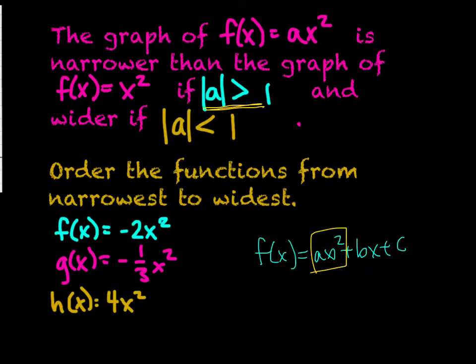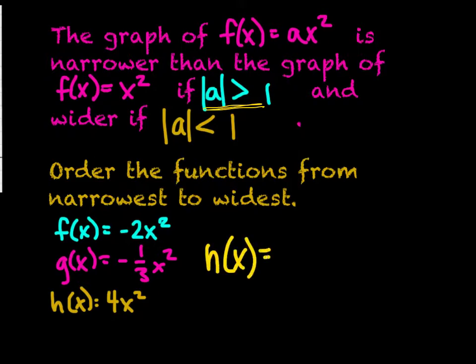So in this case, we need to order our functions from narrowest to widest. Our narrowest function is our h of x is equal to 4x squared. Our next narrowest function is f of x is equal to negative 2x squared.